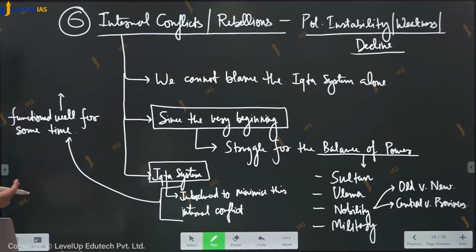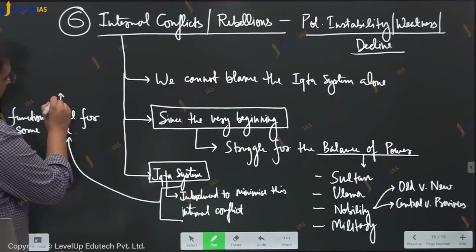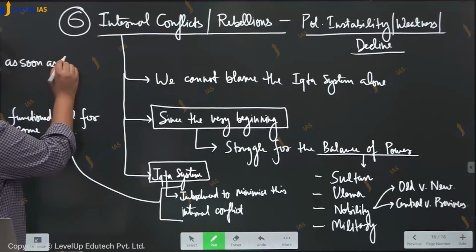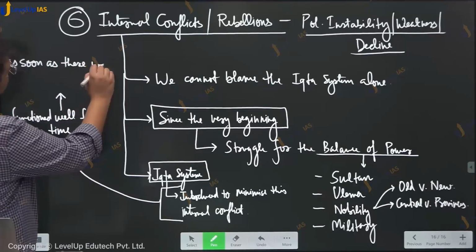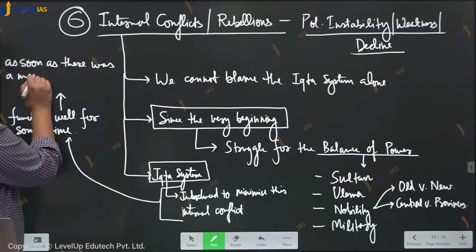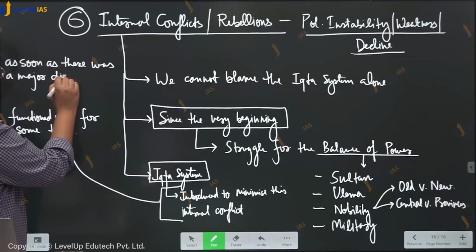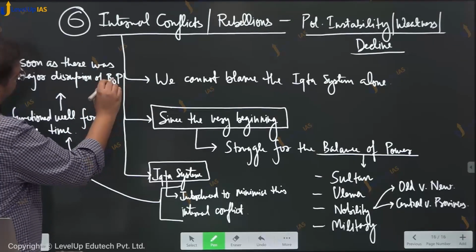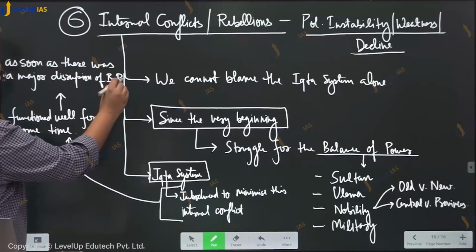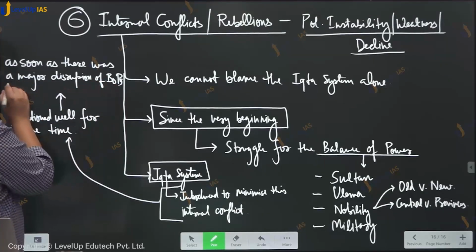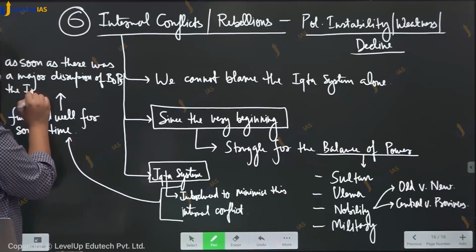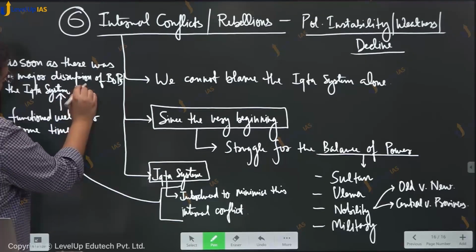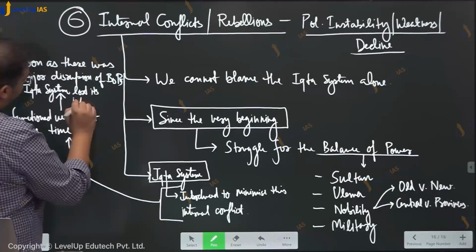It is not infinitely mutable, and as soon as there was a major disruption of the balance of power, the Iqta system lost its integrity.